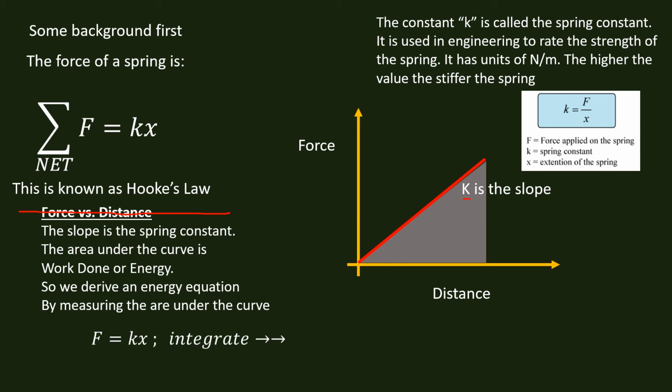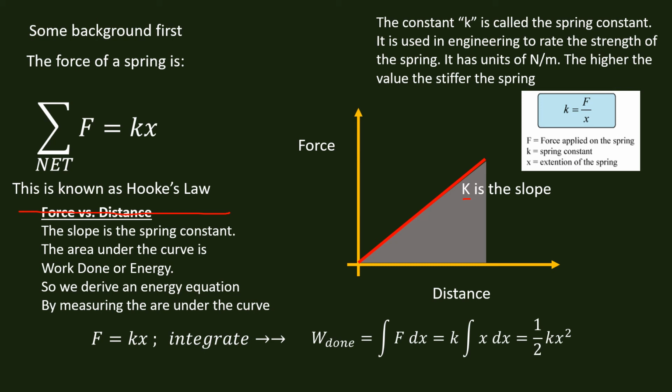Also, work done, or the energy done, is basically the area under this curve. So if we want to know what the energy is, taking Hooke's law, F equals kx, we just need to derive an equation for the energy. And we can do this by using integration and calculus.